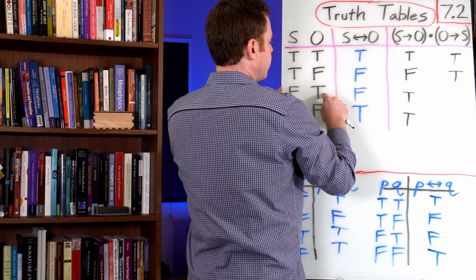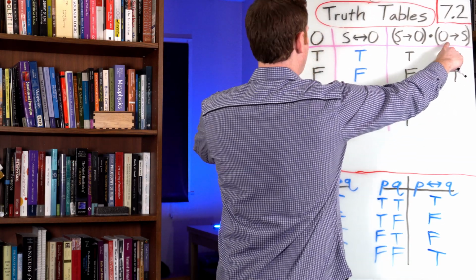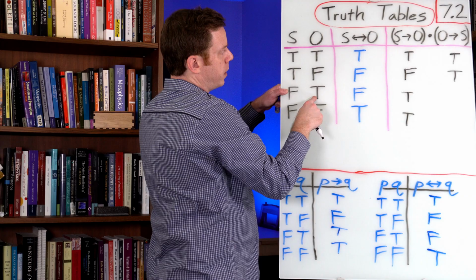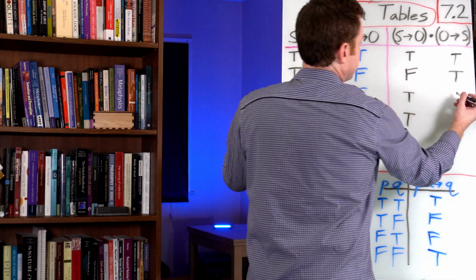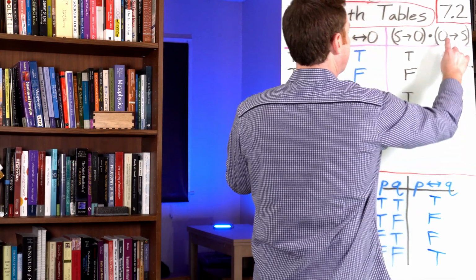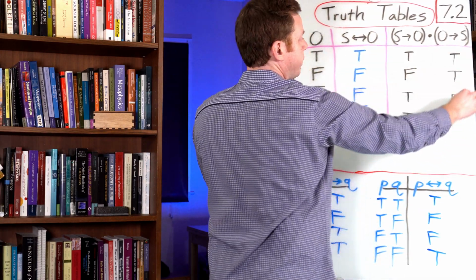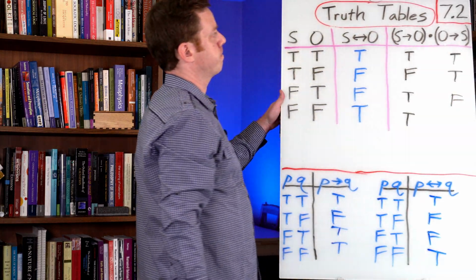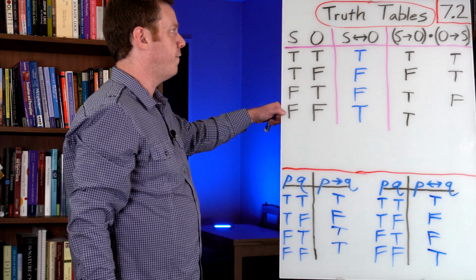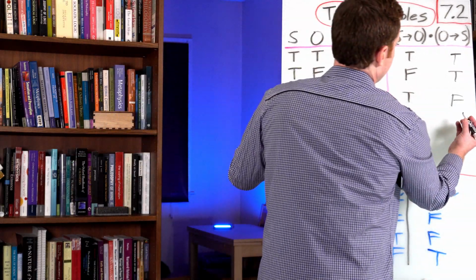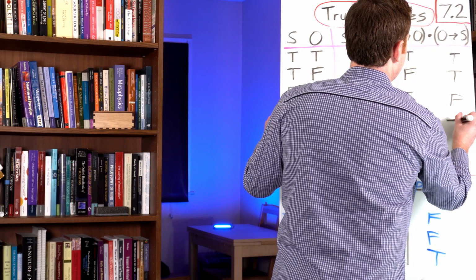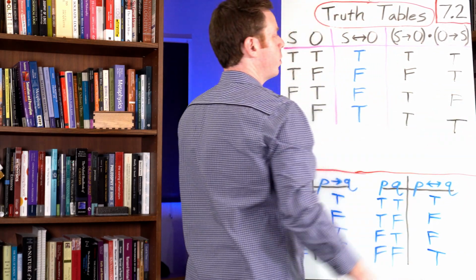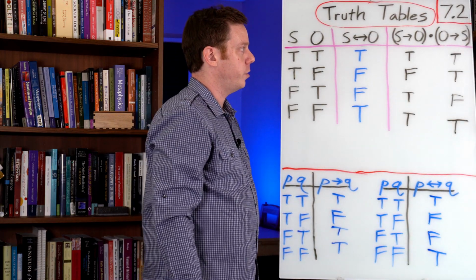What about this line? O is going to be true, and then S is going to be false. Well, that is a broken promise, right? O is true and S is false, so broken promise. What about if they're both false? Well, you can't break a promise in that case, so it's true. There's only one line right here where there's a promise broken for that conditional.